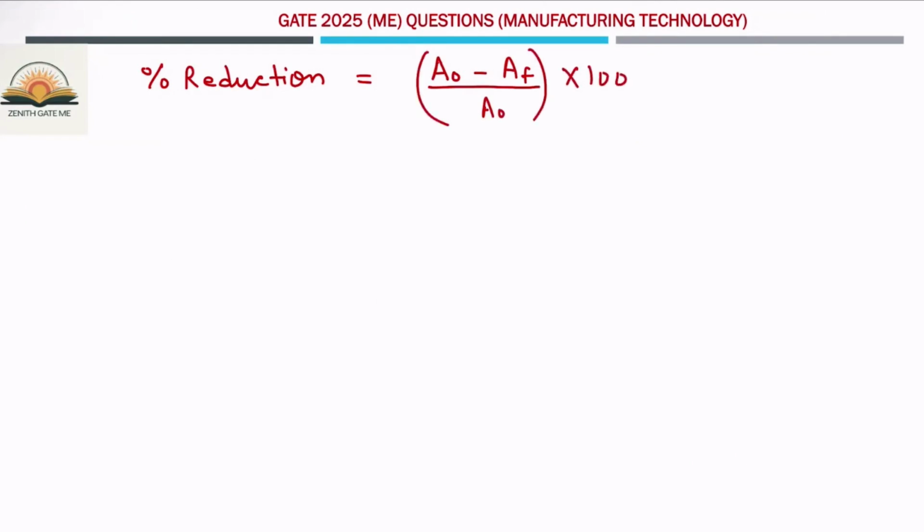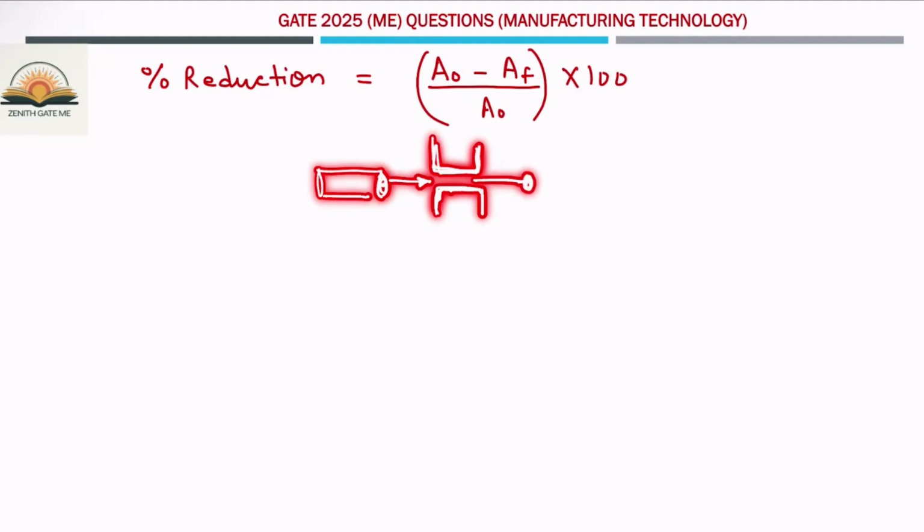Original area means, let us suppose there is a tube which is passing through a small gap. You are applying some tensile force. Now this diameter will get reduced.